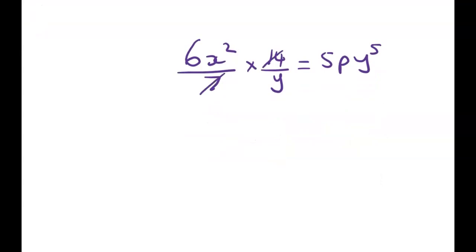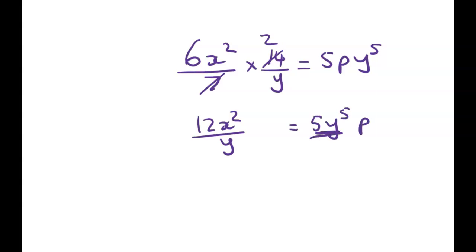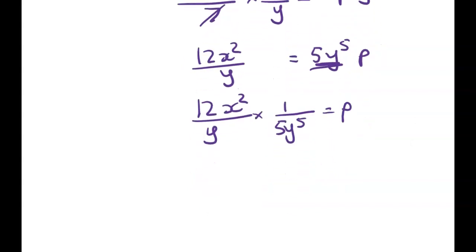Cleaning this up first, I get 2 here, so I get 12x squared over y is equal to 5y to the power of 5 p, and I'm going to divide both sides through by this. So 12x squared over y times 1 over 5y to the 5 is equal to p. We get 12x squared over 5y to the 6th is equal to p. And the same thing works for the last one.